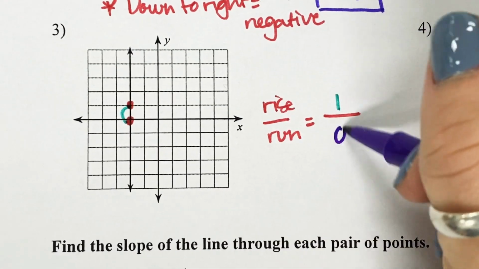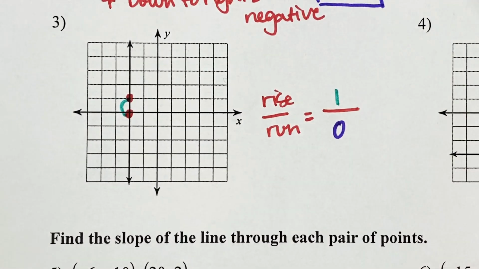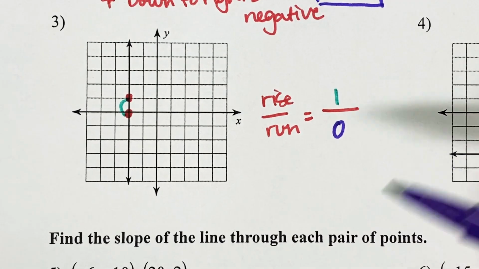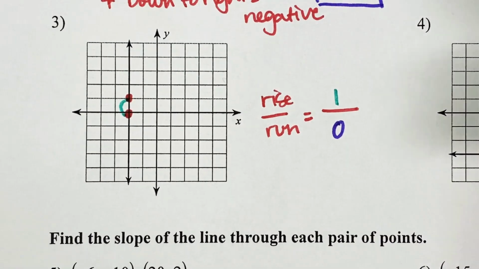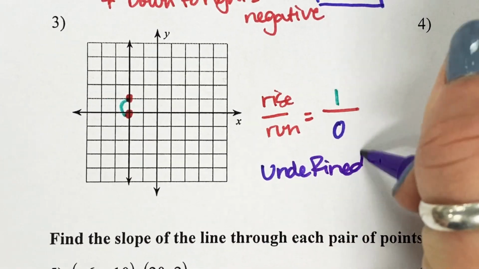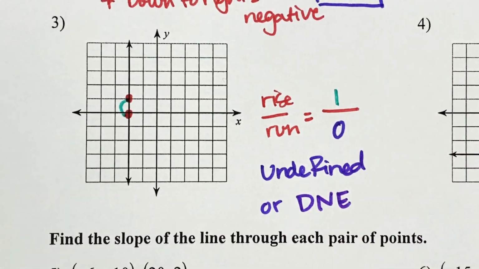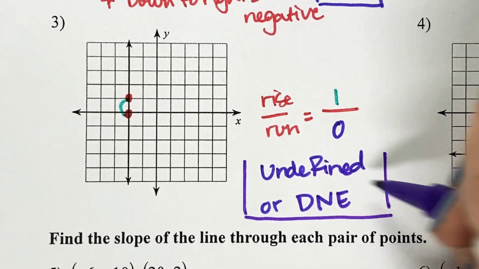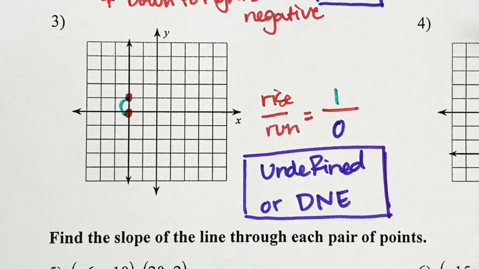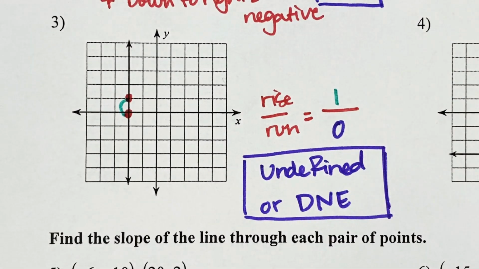Okay, I'm actually going to run 0. And what happens whenever we divide something by 0? Can we do that in math? Can we make things disappear? No. So we call this undefined, or in your computer, we write DNE for does not exist. The slope does not exist. Whenever you see a straight up and down slope, it is undefined or DNE.